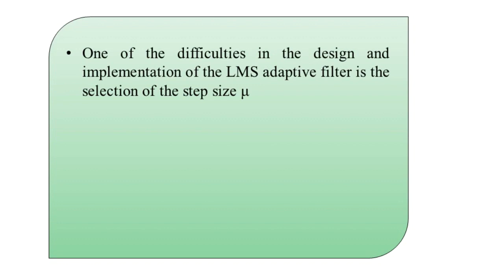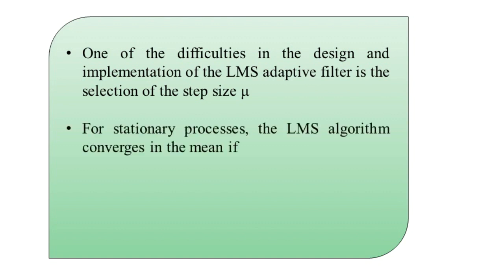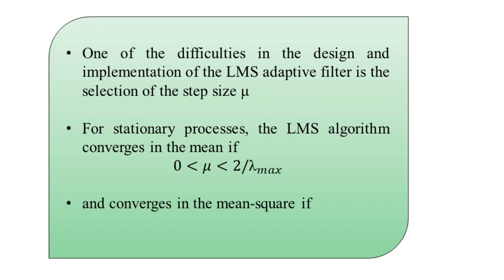Now, in the case of stationary processes, the LMS algorithm converges in the mean if mu, the step size, is greater than 0 but less than 2 divided by lambda suffix max, and it converges in the mean square if it is greater than 0 but less than 2 divided by the trace of the autocorrelation matrix denoted by capital R suffix x.